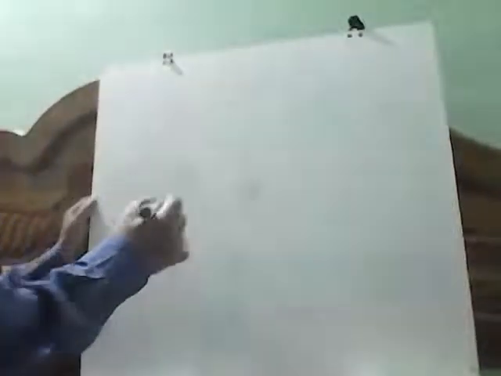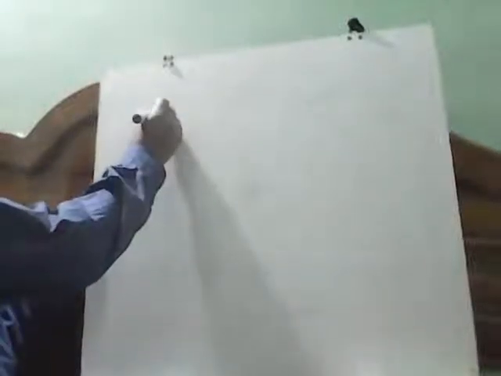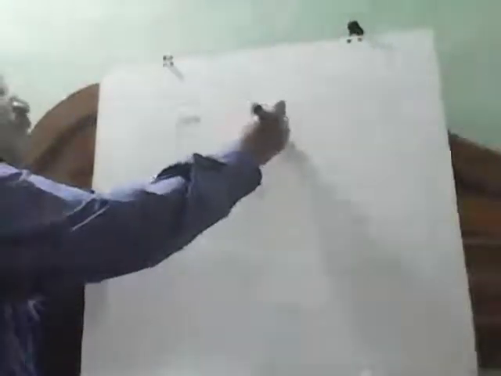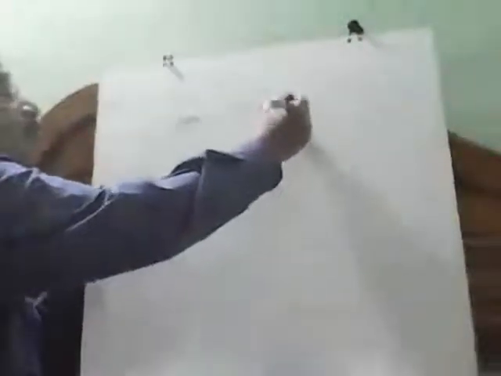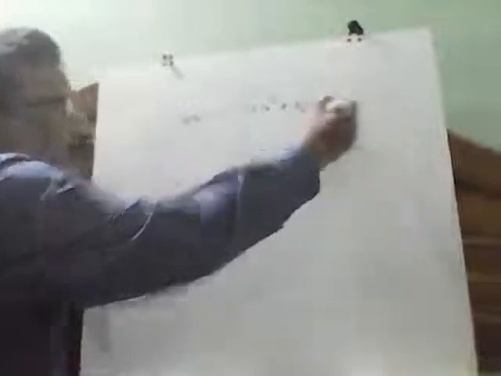Once again, good afternoon to all. See now, I am writing on the board. See whether it is visible or not visible. Here I am writing ax square plus bx plus c, a quadratic polynomial.